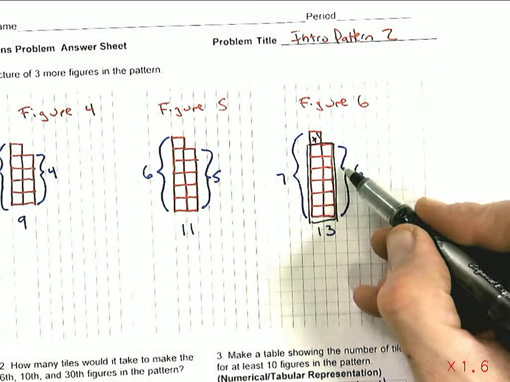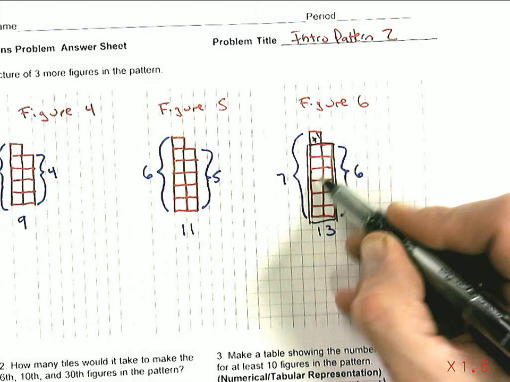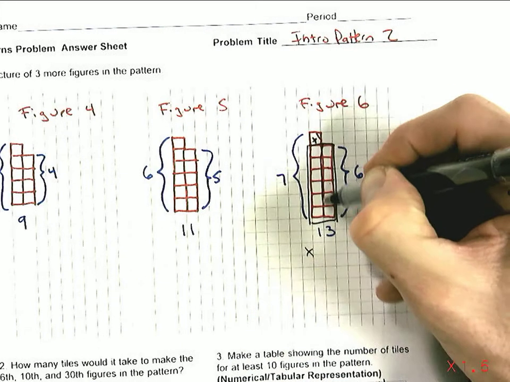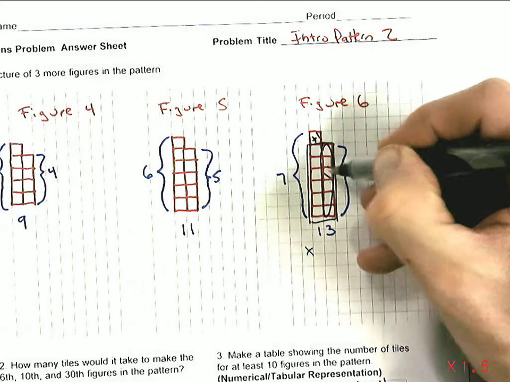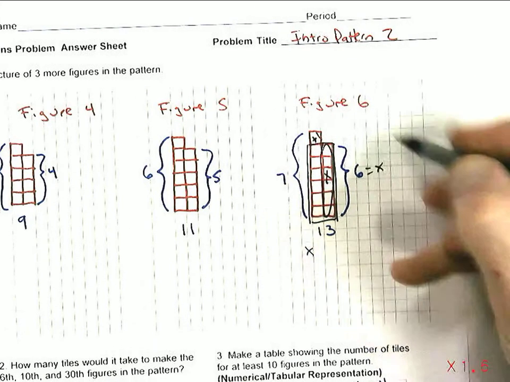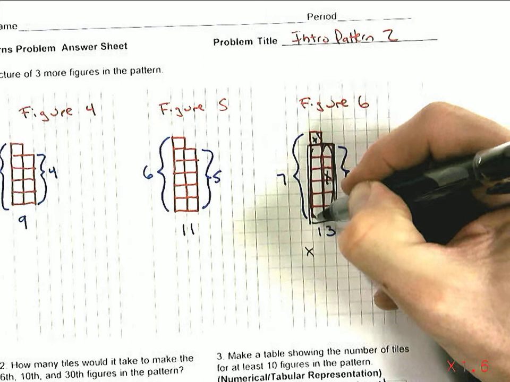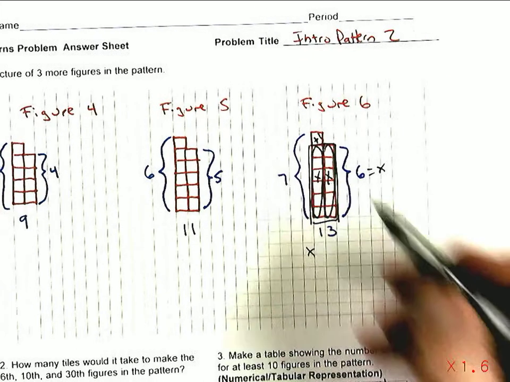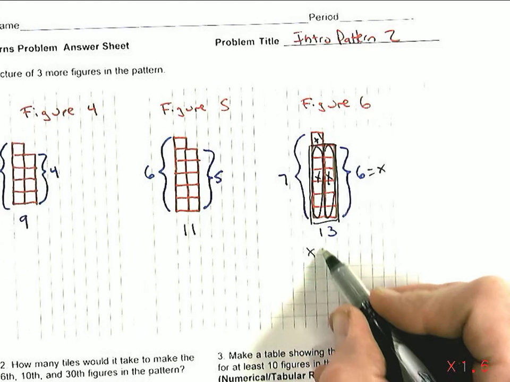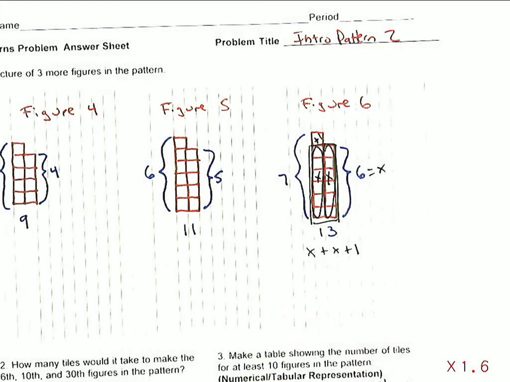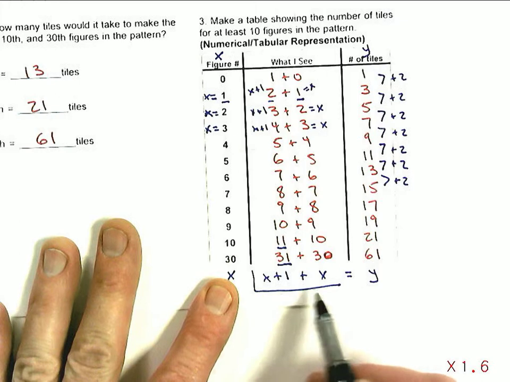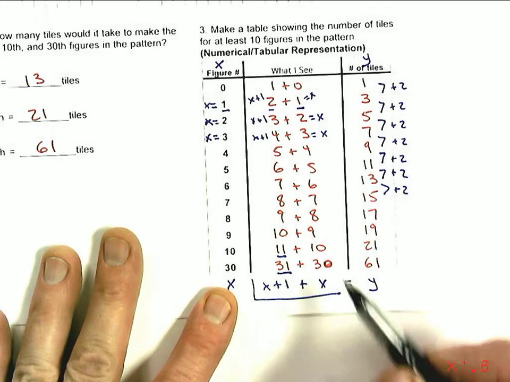So I could think of it as x plus 1. I have the x here, that part's equal to x, in this case x is 6, and here's another 6. So there's another x, so x plus 1. That's really not any different than what I have down here, x plus 1 plus x. I just changed the order. It just depends on how you see it.